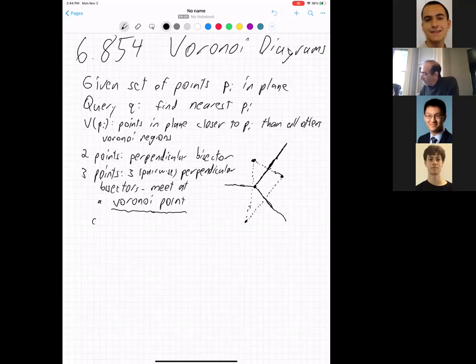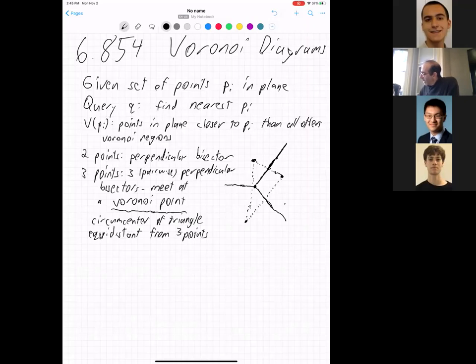This is the circumcenter of the triangle. And in fact, it is equidistant from, by definition, the 3 points. And that is why the 3 perpendicular bisectors all meet there.